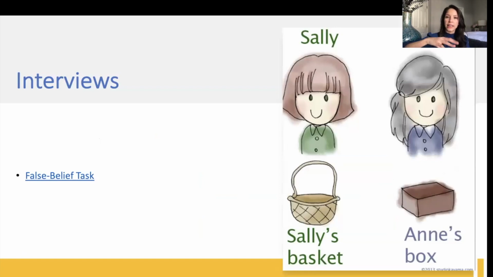Basically, in the Sally and Ann task, you tell children a story about how Sally had a little marble and Sally wanted to go play. So she decided to put her marble in the basket, and then she went and played. And then Ann took the marble and put it in her own box when Sally wasn't there. And then they ask kids, okay, Sally's going to come back and she wants to play with her marble. Where do you think that Sally's going to look for her marble?